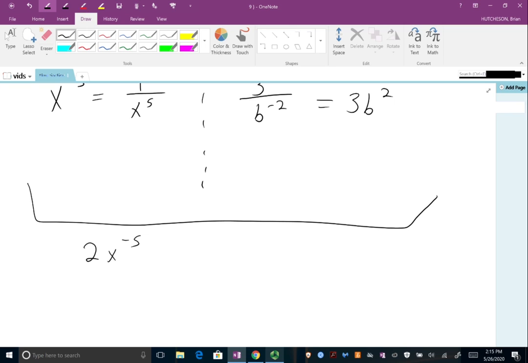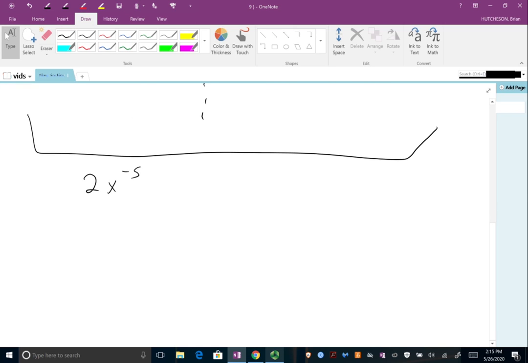And the answer is no. So I keep the 2. I'm going to move the x to the negative 5th. Technically it's in the numerator, everything's over 1. So I move it down to the denominator.